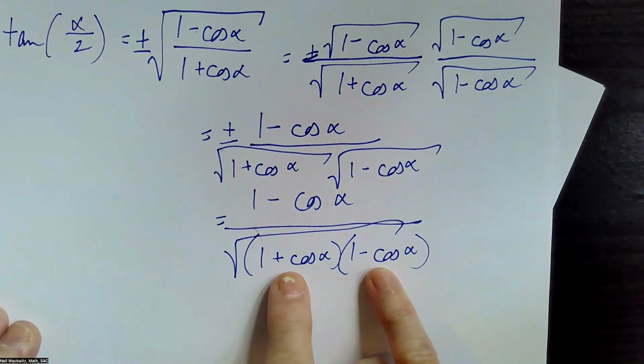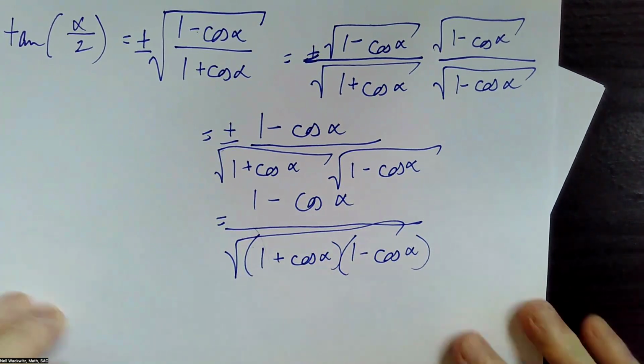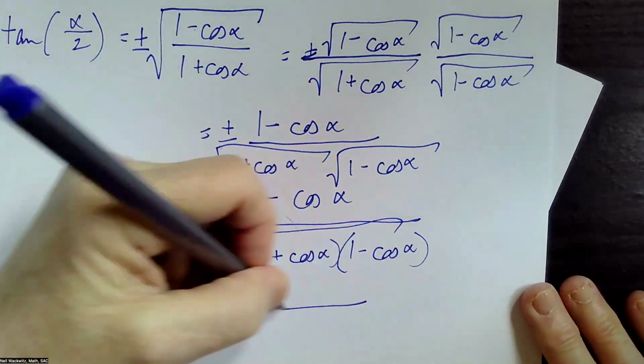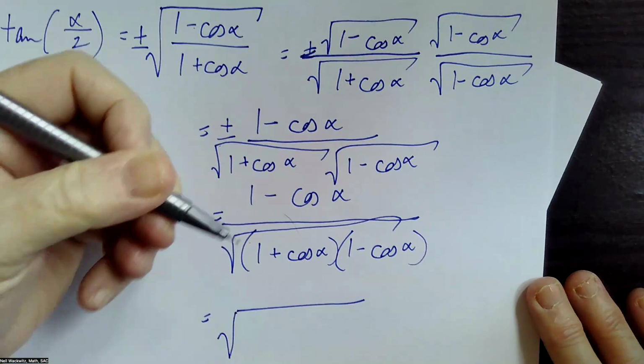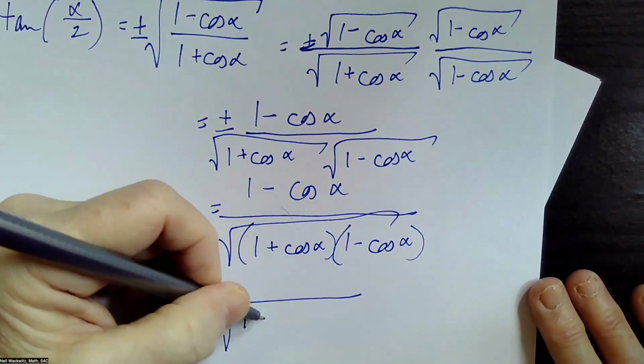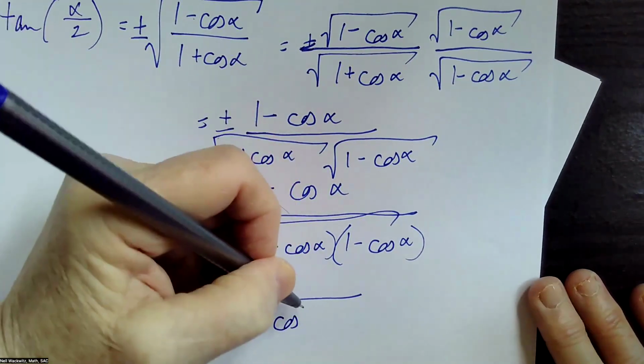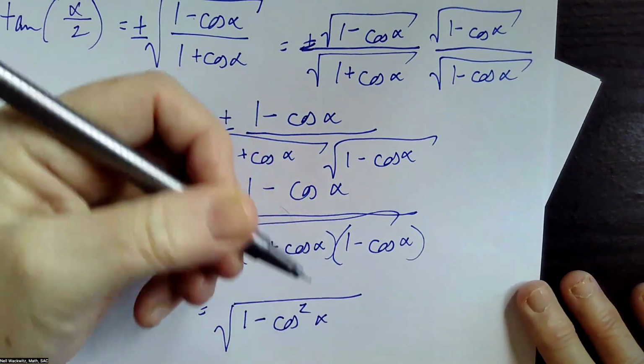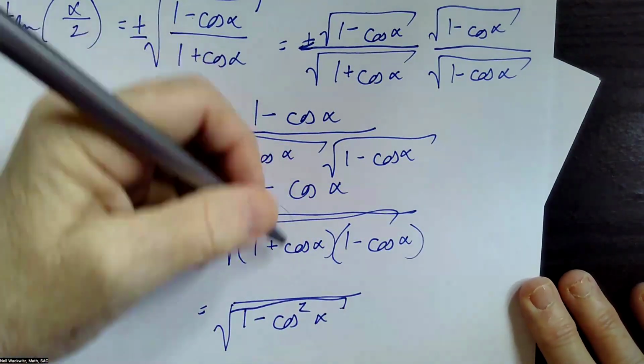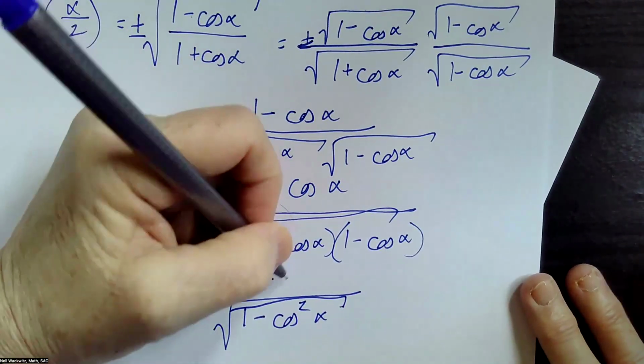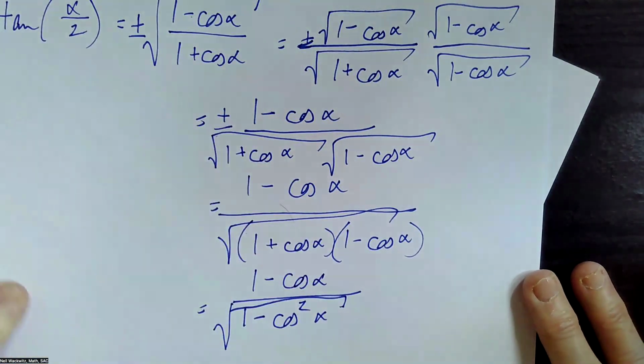And now we can see that we've got the difference of two squares multiplied. So we've got the square root of 1 minus cosine squared alpha. In the numerator, we still have 1 minus cosine alpha.